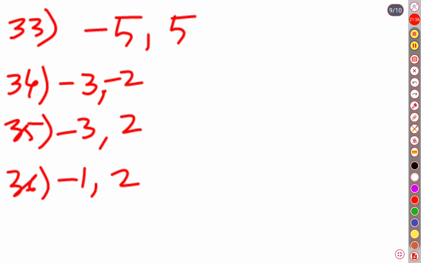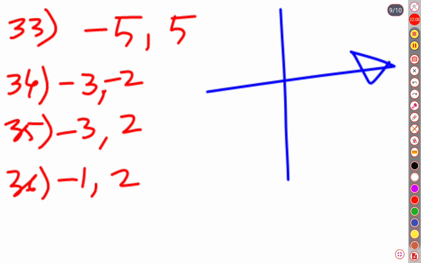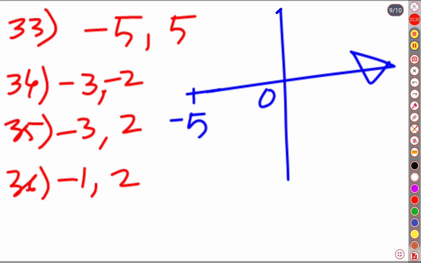So we will just find out the quadrants. For the first one, what will happen? This is our x-axis. So our first point, look at this, negative 5, 5. So it is origin. Negative 5 will be over here, and y coordinate is 5, maybe over here.